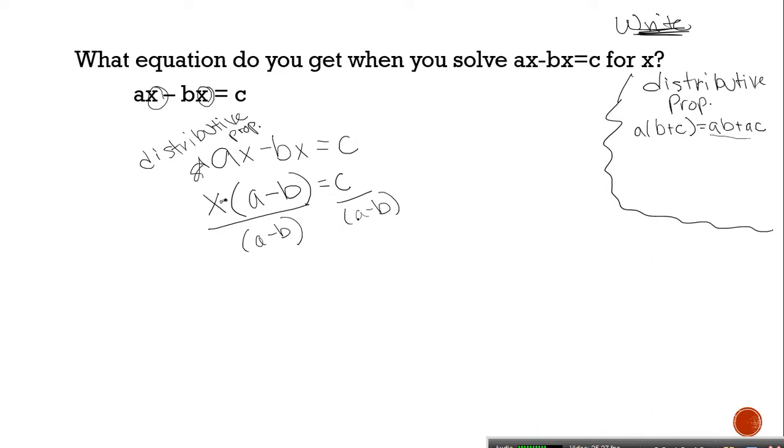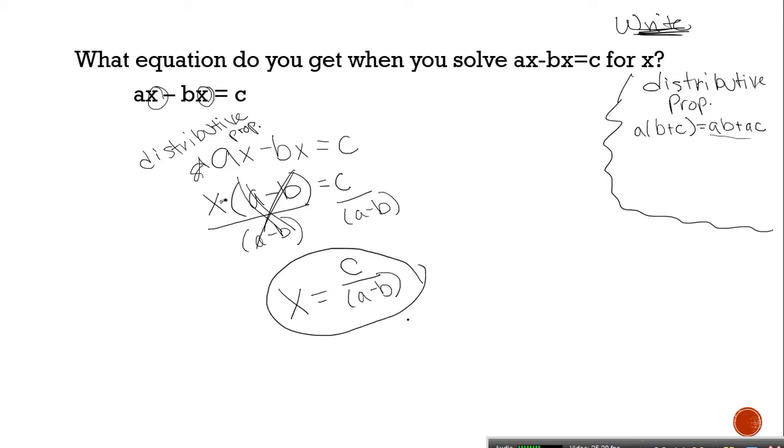You can actually divide, because a minus b is just some number once I would plug in some values. So a minus b and a minus b, that's going to cancel each other out. So I'm going to be left with x on that side. And I'm going to have c over a minus b. And that is my answer.